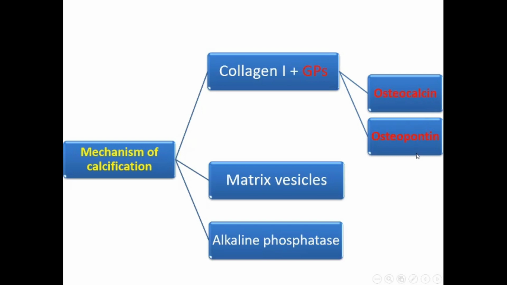These glycoproteins increase the calcium and phosphate concentration locally, making it susceptible to deposition of these ions on the matrix. Other reasons are matrix vesicles, which I will explain next, and alkaline phosphatase.